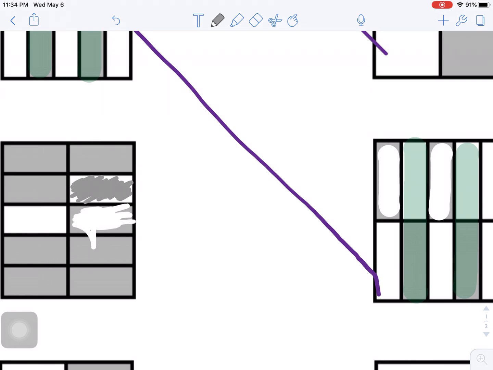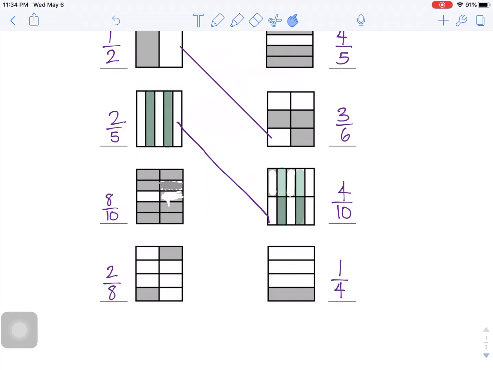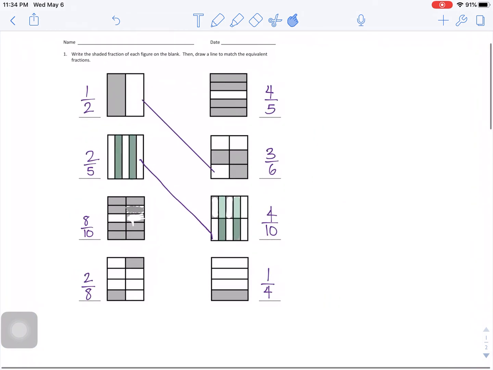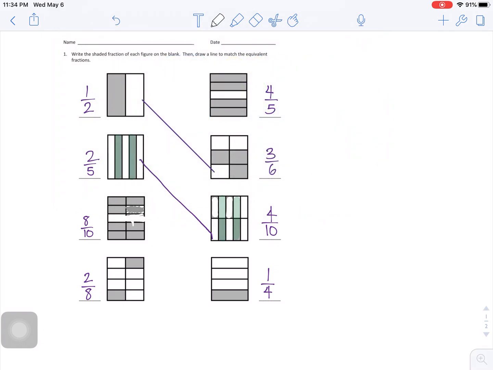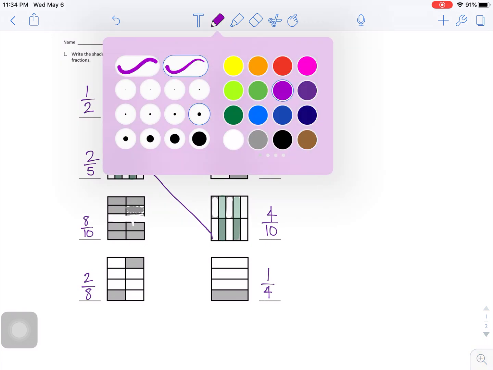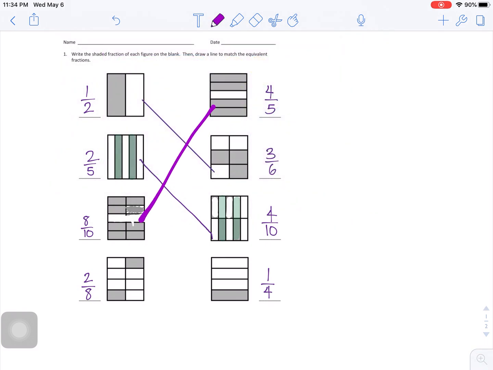Then look what happens when we zoom back out. These two look the same. Now that's not a very good drawing, I'm sorry. But look at how these two pieces look the same. Those two look exactly the same.